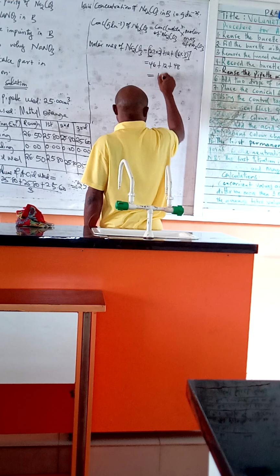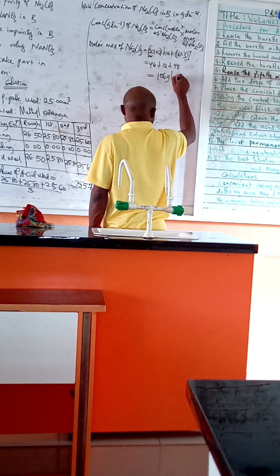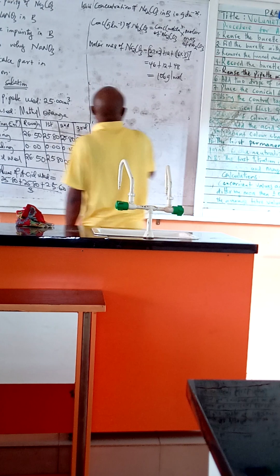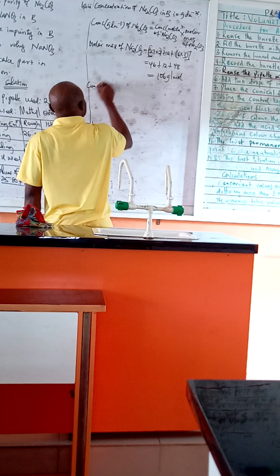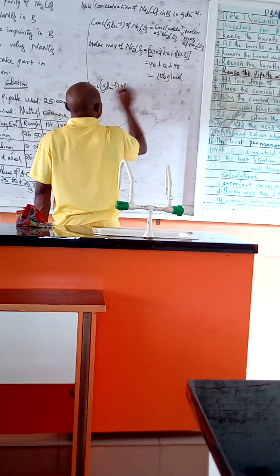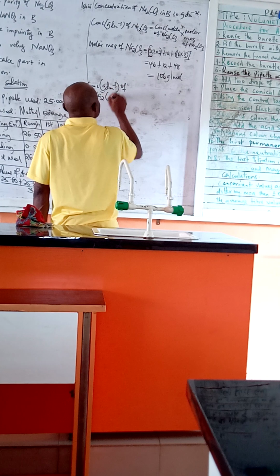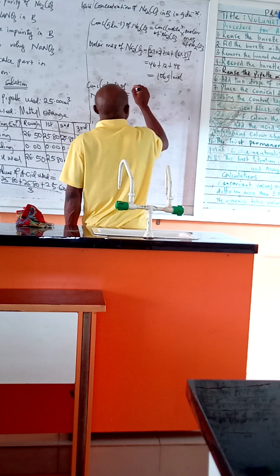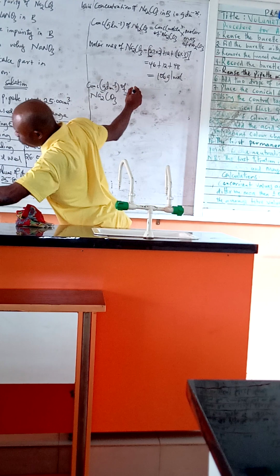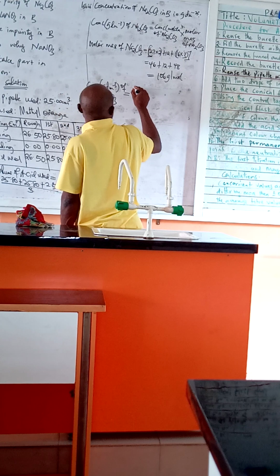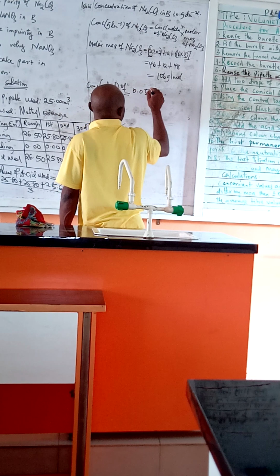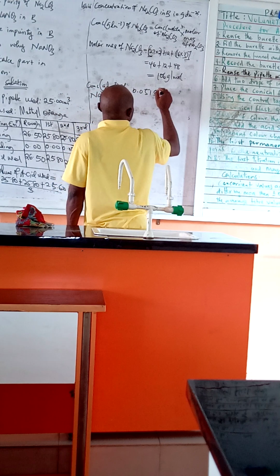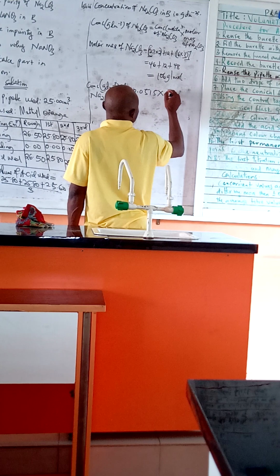If you add very well, you have 106 gram per mole, which means that the concentration in gram per dm3 of Na2CO3 will now be equal to the concentration in mole per dm3, which has been calculated to be 0.0515, multiplied by the molar mass, which is 106.